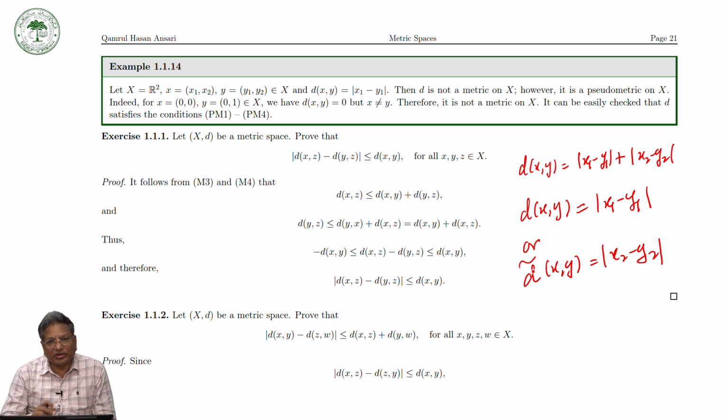No. You can see why it is not. If we are considering this one, then d is not a metric on X.